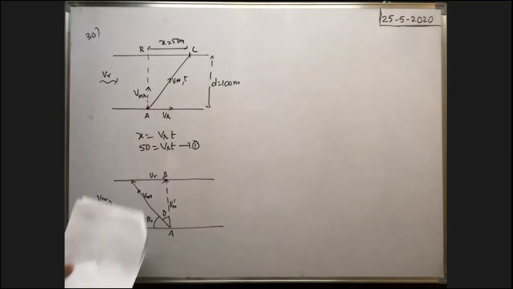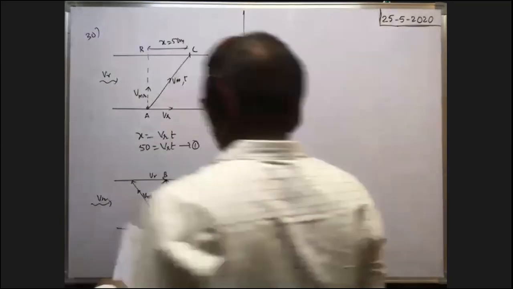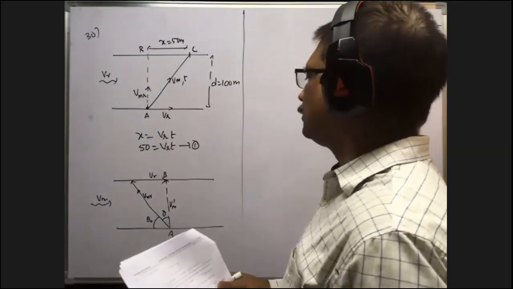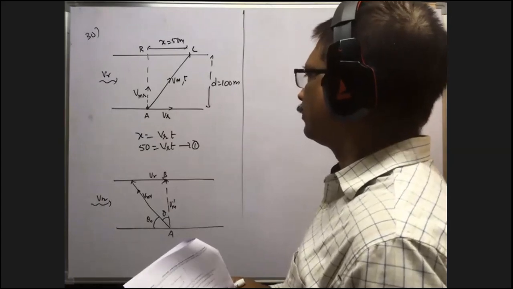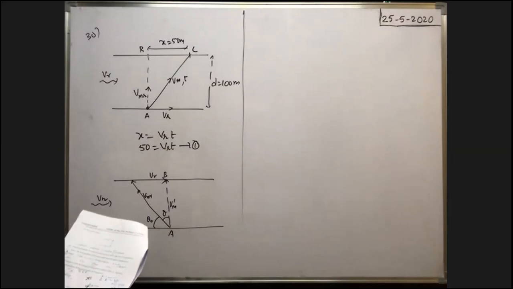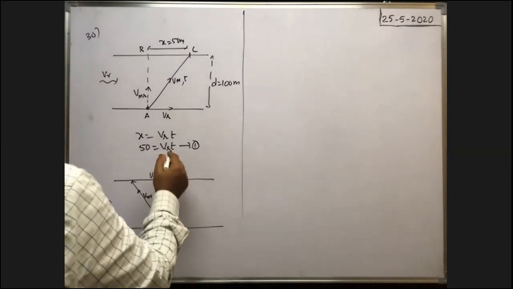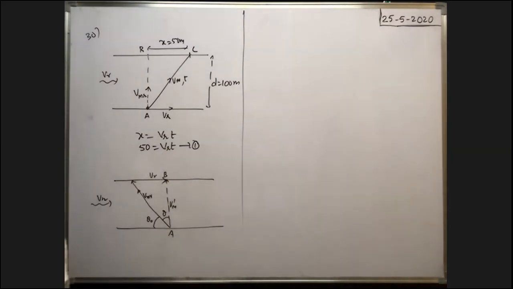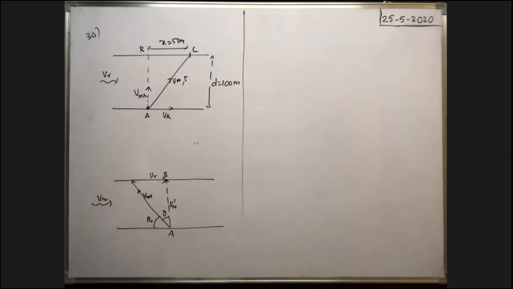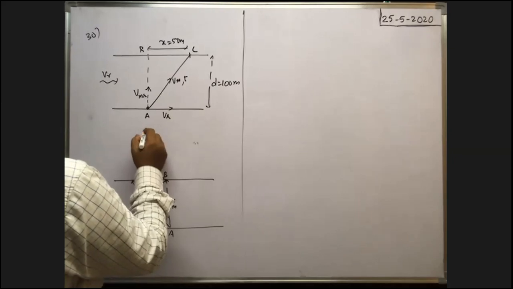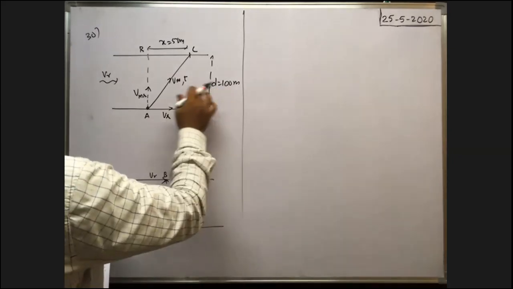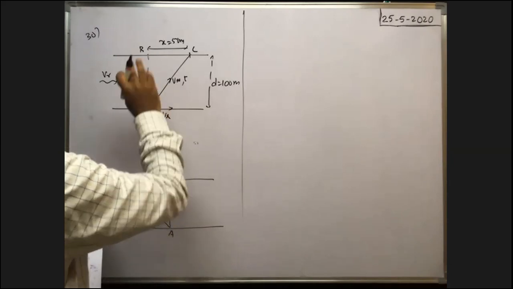So in this case, what is the time taken? Tell me. In this case, what is the time taken by the man to cross the river? You see here, we can write like this, no? The width of the river is given. The velocity of the man with respect to the river in this direction is given.